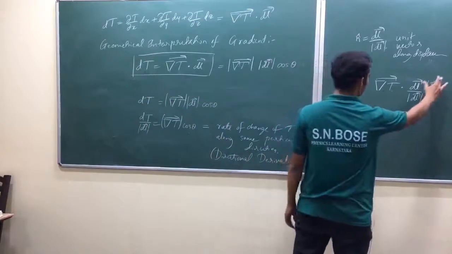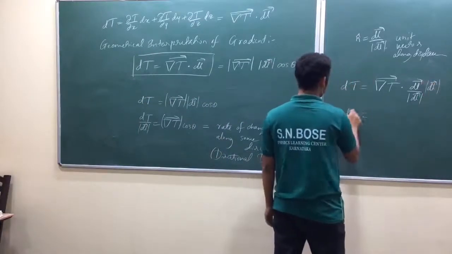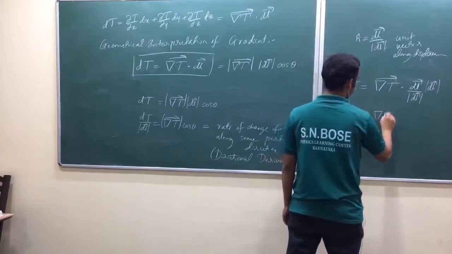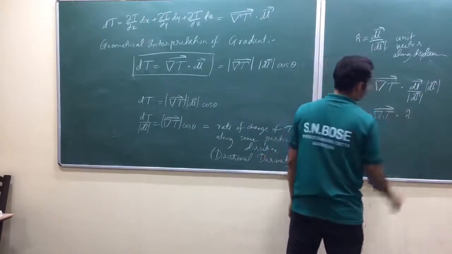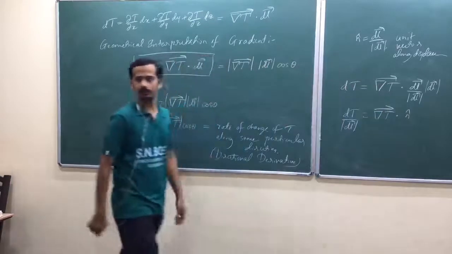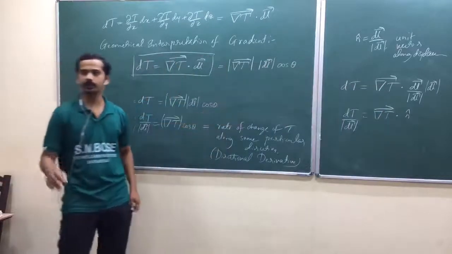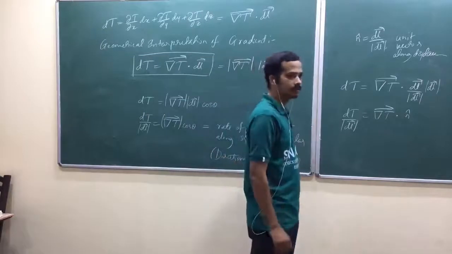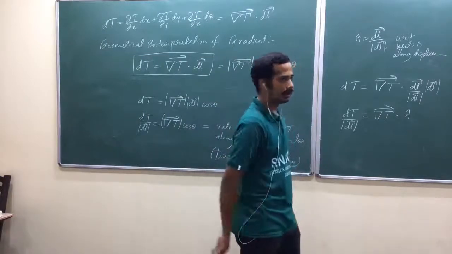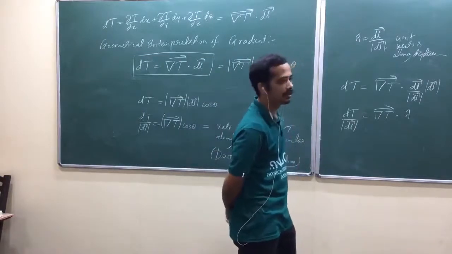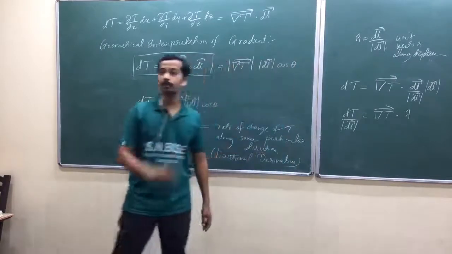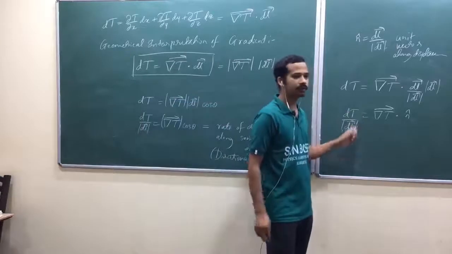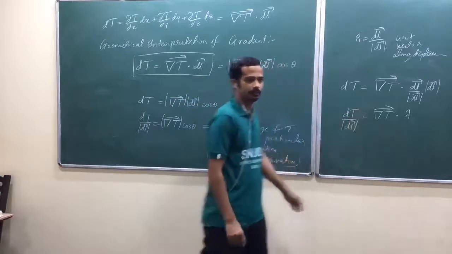So now let me take this dl vector here, dt by dl vector, that's equal to del t dot product with n cap. What is n cap? That is the unit vector along the displacement direction. Is that okay? So that's why dot product of gradient along or projection of gradient along any given direction, it will give directional derivative. Is that okay?